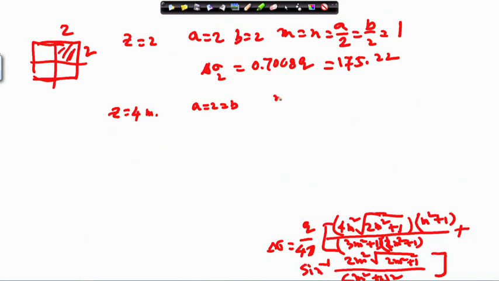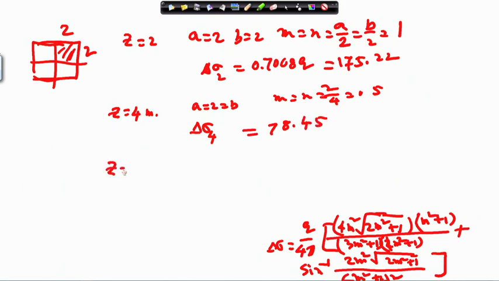So your m equal to n equal to 2 by 4 equal to 0.5, and if I put in this equation, delta sigma at z equal to 4, I will get the value equal to 78.45.